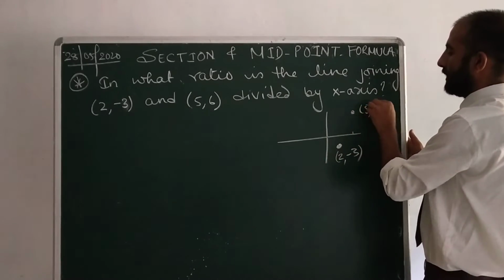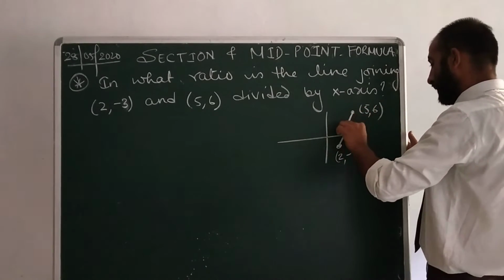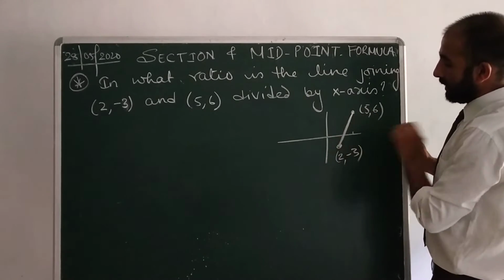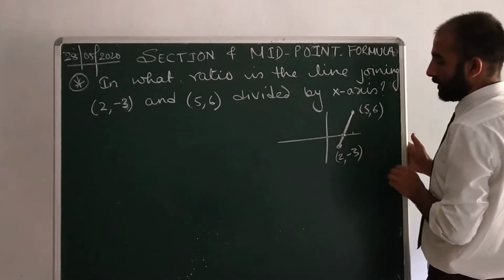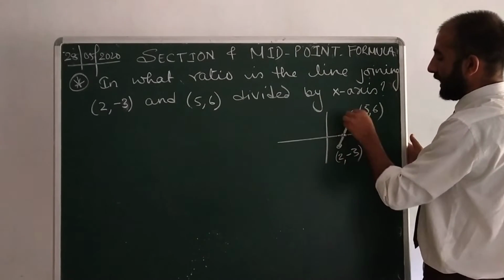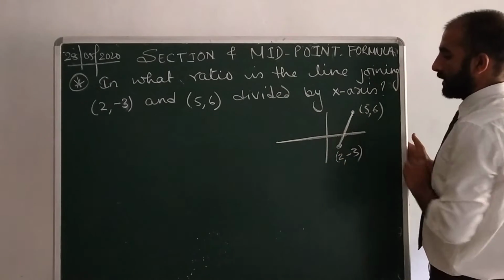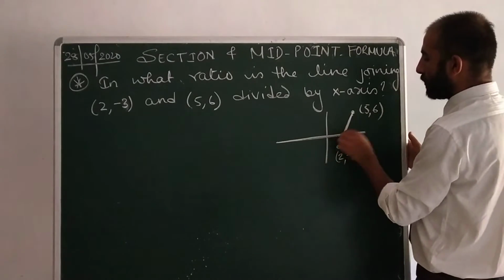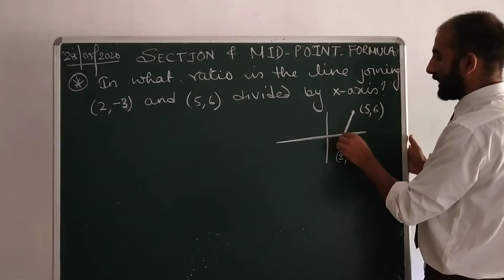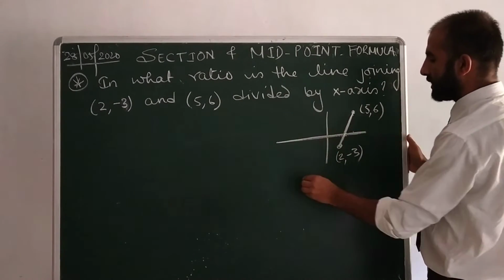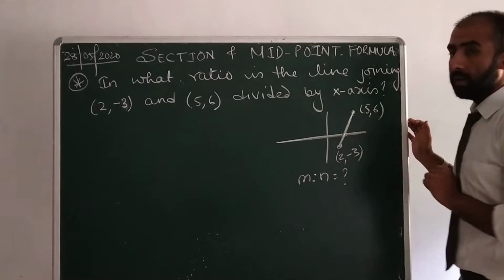If you join these two points by a straight line, then at a certain point this line gets divided into two parts by the x-axis. You are supposed to find in what ratio this line is divided by the x-axis. Indirectly, you are supposed to find the ratio m is to n.